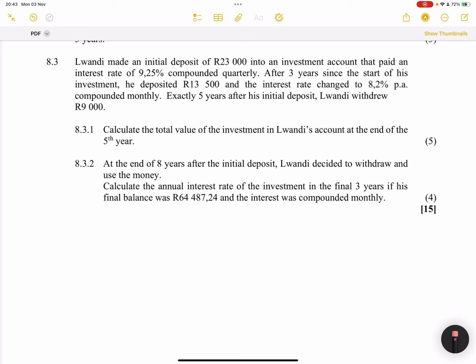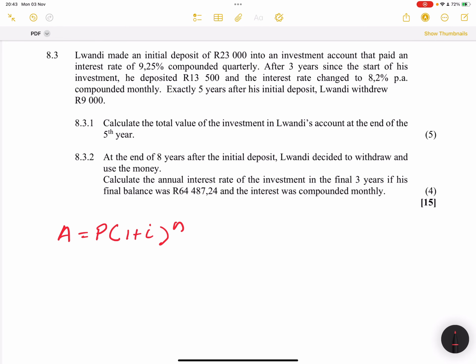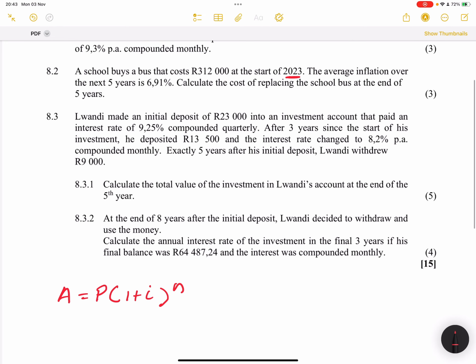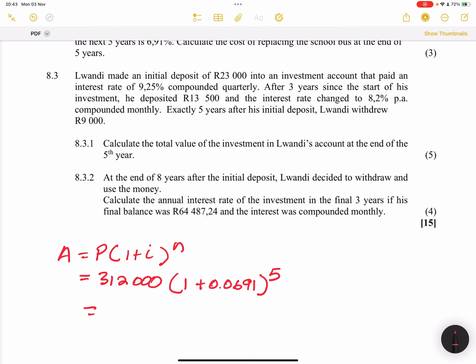So we're going to say, well, A is equal to P times 1 plus i raised to the exponent of n. The bus cost us 312,000 presently. Okay, and we know that inflation happens at 6.91%. So that is going to be divided by 100 again. So that's 0.0691. Okay, and this is raised to the exponent of 5 because they said they want to know the cost of replacing in 5 years.